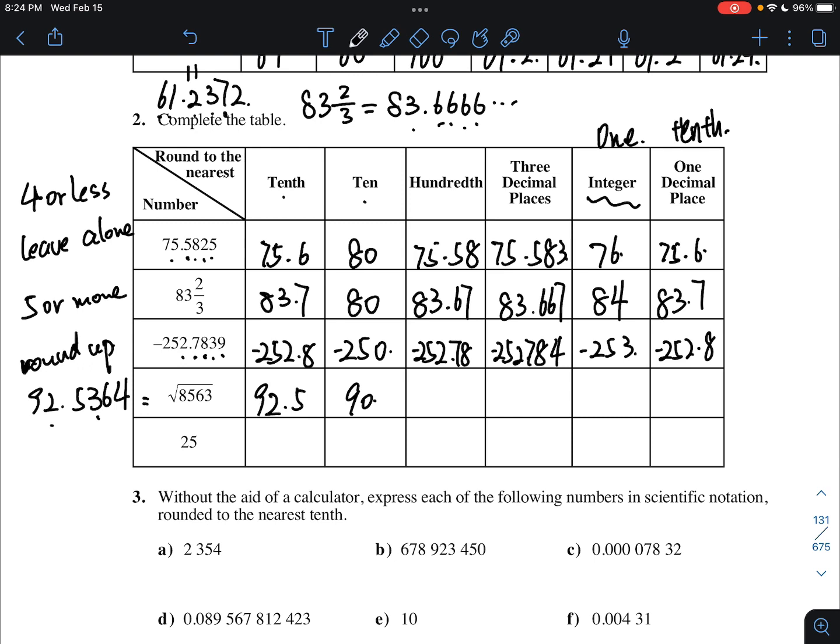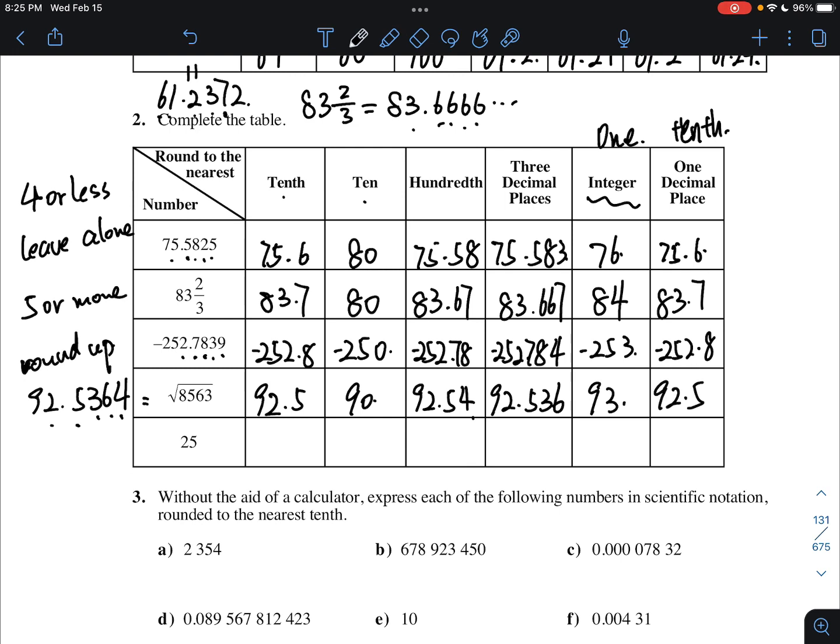And for the hundreds, we look at 6. 6 is round up, so it's 92.56. And for the 3 decimal places, we look at 4, so we just leave it alone, so it's 92.536. And for the integers, we look at 5. 5 means we need to round up, so it's 93. The last one, 1 decimal place, this is tenths, so it's 92.5.